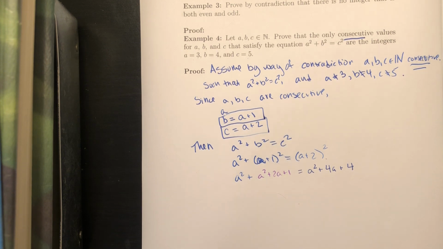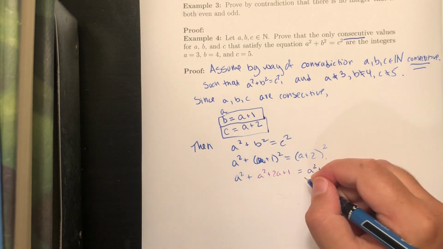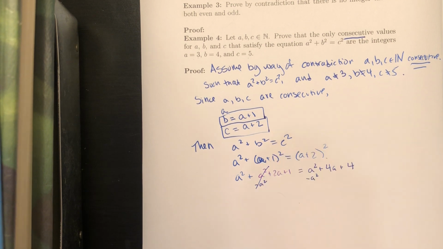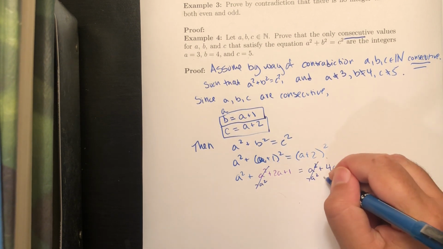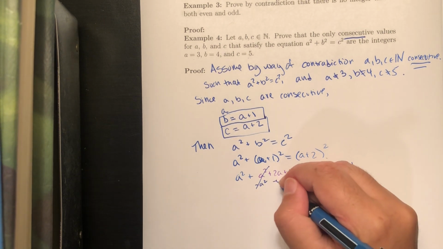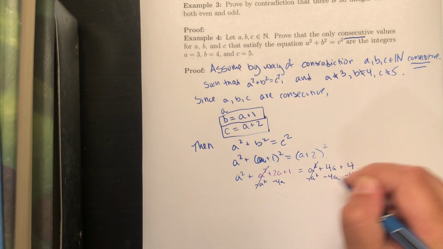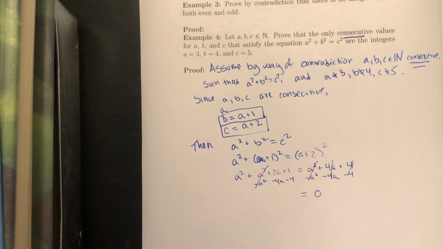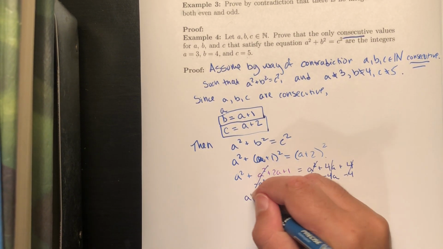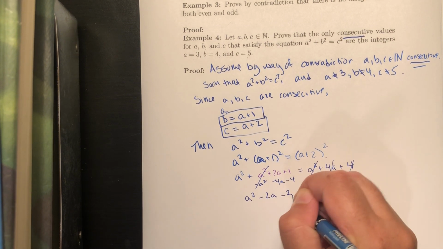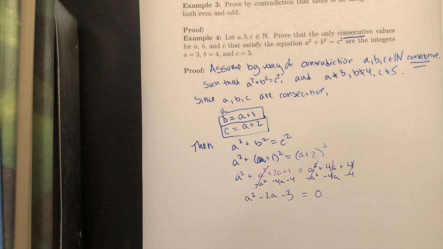I'm going to move everything to the left-hand side of the equation by subtracting a squared on both sides. That'll cancel out these two. Subtracting 4a on both sides, and subtracting 4 on both sides. That's going to leave me with 0 on the right-hand side, and on the left-hand side I'll have a squared minus 2a minus 3. All right, so where's the contradiction? I don't see one yet.